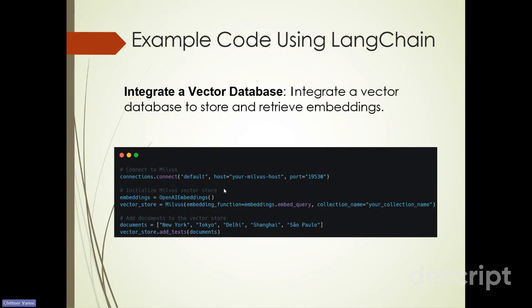The collection is like tables in SQL or collections in MongoDB. So the collection is simply a set of vectors that are stored together in the vector database. You connected to the vector database, created embeddings, defined the embeddings and name of the collection, and added the documents.